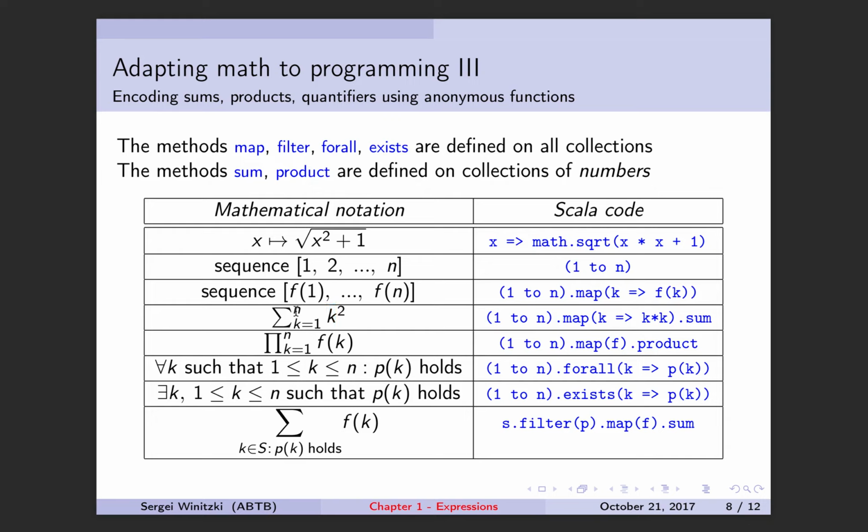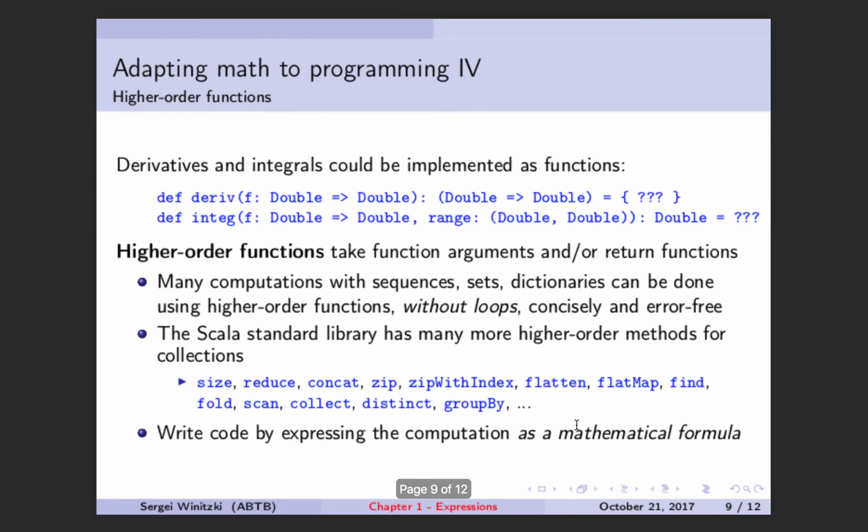The n is defined outside, but k is not. And in the code, you need to make this explicit. And you write an anonymous function that takes k and returns k squared. That introduces the new argument name k. I show how that works in all of these examples in Scala code.